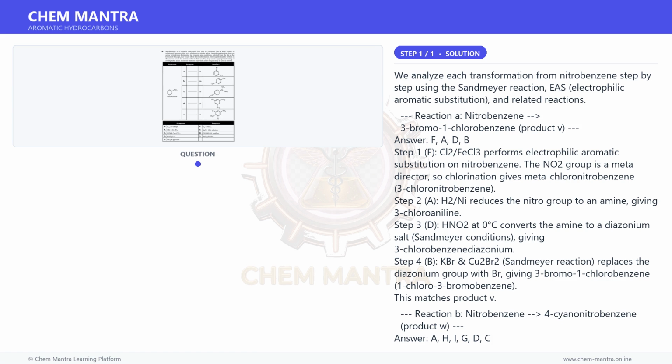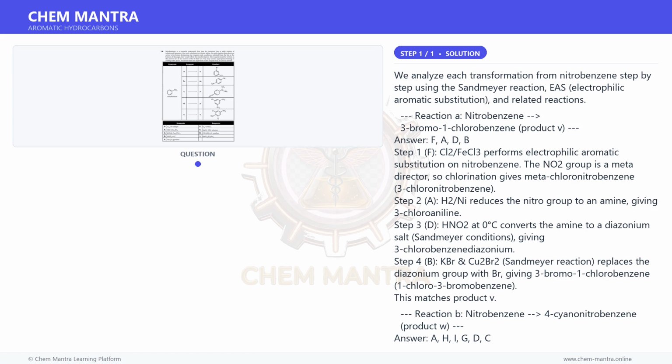Now with two meta NO2 groups, the positions available are 2, 4, 5, 6. Positions 4 and 6 are equivalent. Both NO2 groups direct to position 5, between them, meta to each NO2.